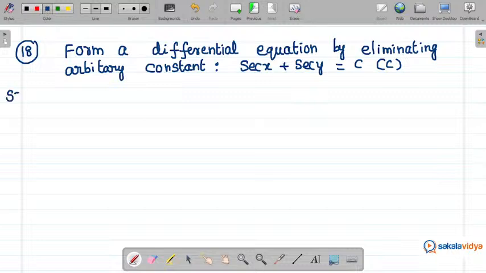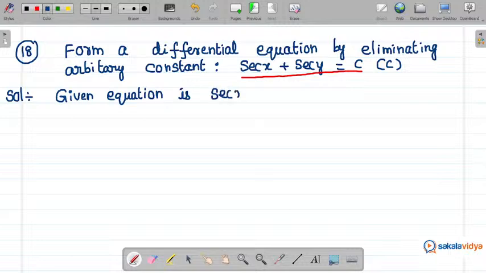Okay, now all of you check your answers. What is the given equation here? Yes, this is the given equation: secant x plus secant y is equal to c. Say equation 1. As we have only one arbitrary constant, it has to be differentiated one time only.